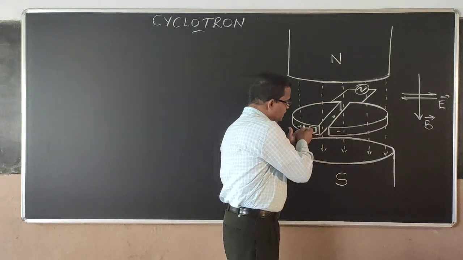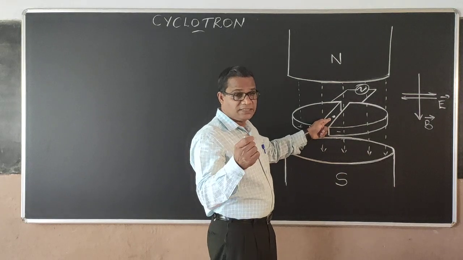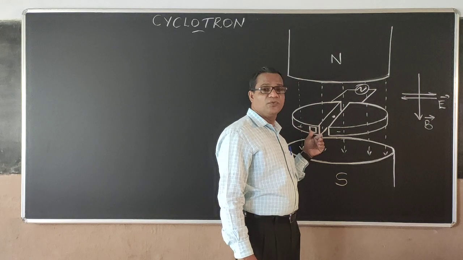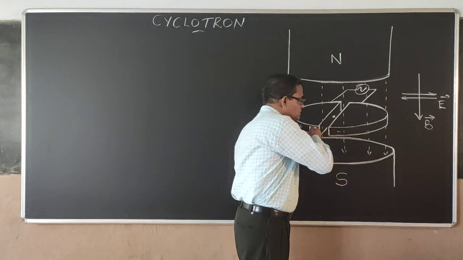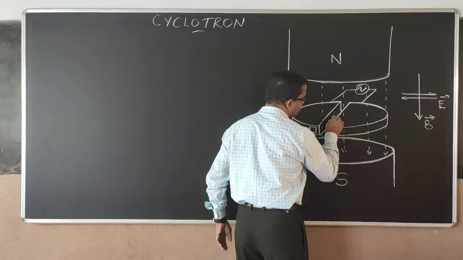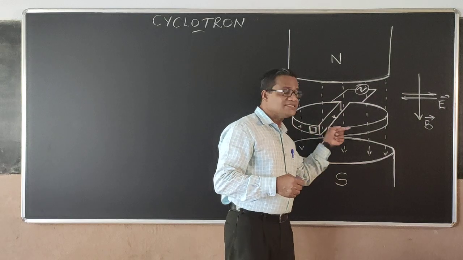Therefore, there is an electric field along this particular direction, so the static positive charge will experience an electric force that goes along the direction of the field. So it starts moving along this particular direction and by that it goes inside the D.